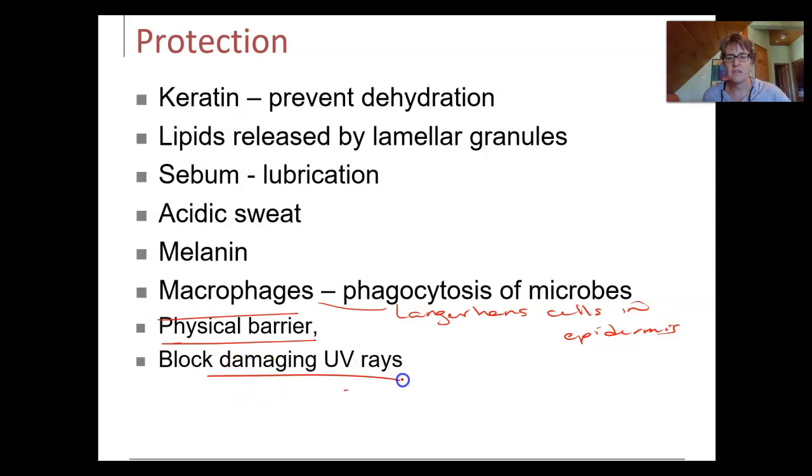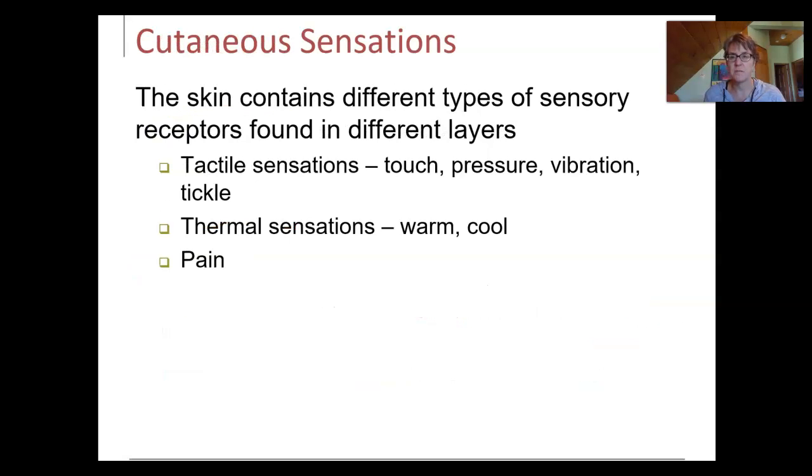You even have blocking of damaging UV rays because of the melanocytes. Boy, there's a lot of functions here. I have sweat that's acidic. I have the oil and also keratin to prevent the dehydration as part of protection.